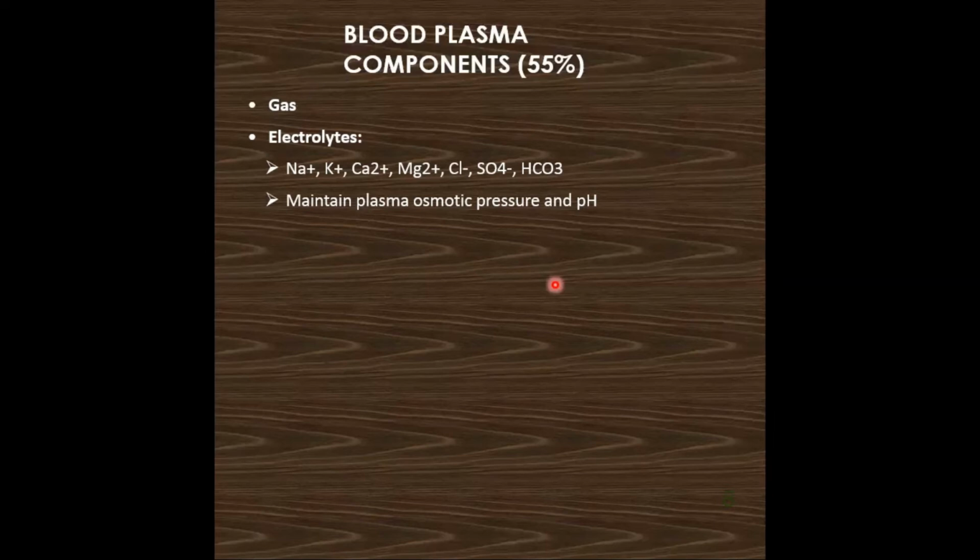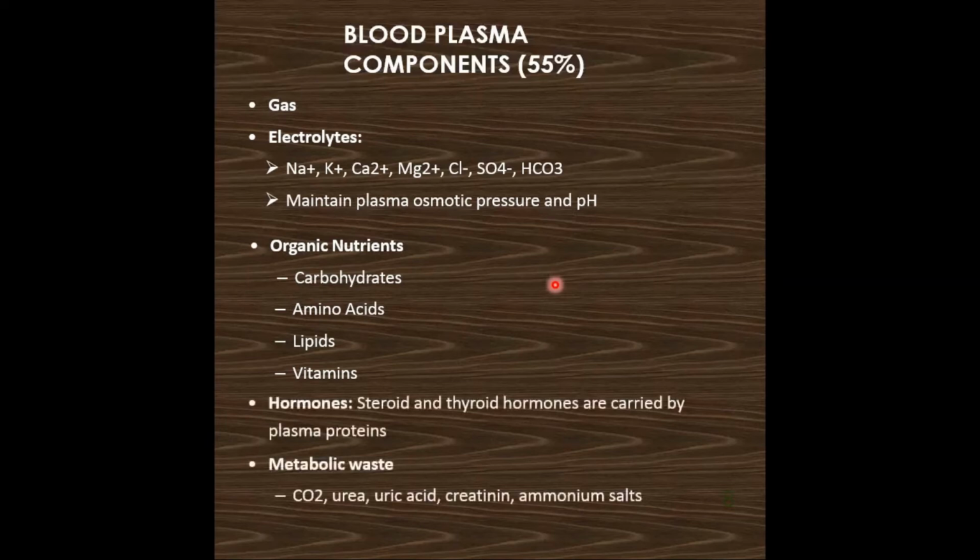Also, there are some magnesium, chloride, sulfate, and bicarbonate ions. These ions help to maintain plasma osmotic pressure and pH of the blood. There are some organic nutrients which are also present in the blood, for example, carbohydrates, amino acids, lipids, and vitamins. Hormones.